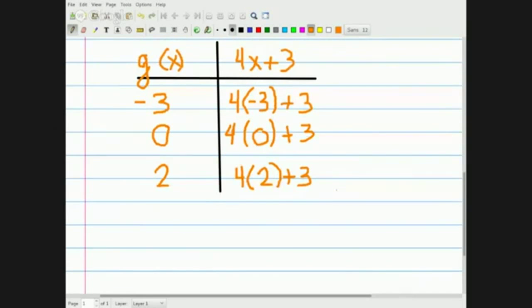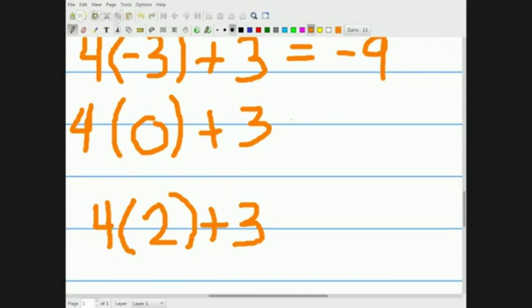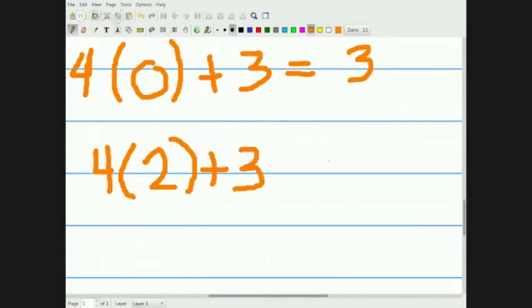And now solving for each, from the top, we solve for 4 times negative 3, which is negative 12, plus 3 is negative 9. 4 times 0 is 0, plus 3 equals 3. And 4 times 2 is 8, plus 3, that is 11.